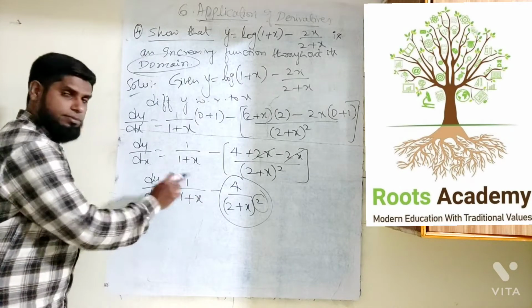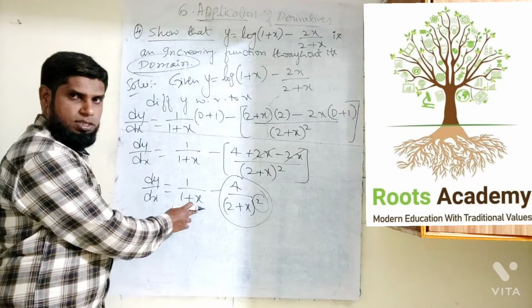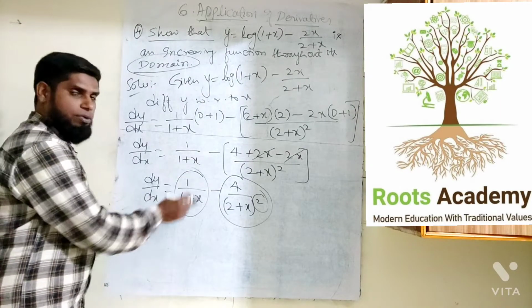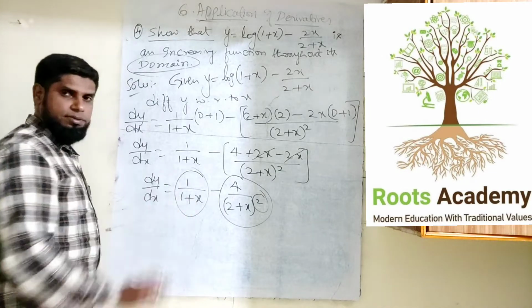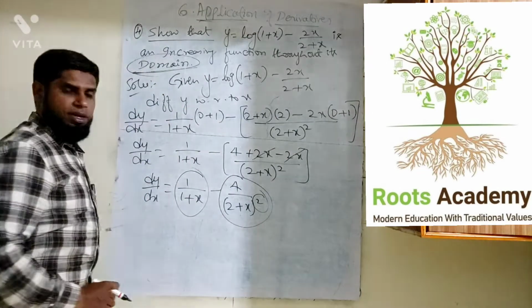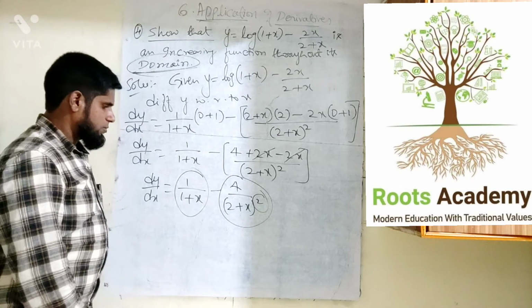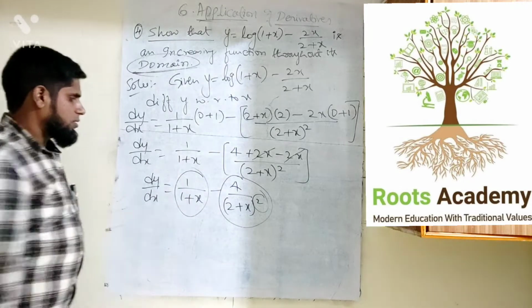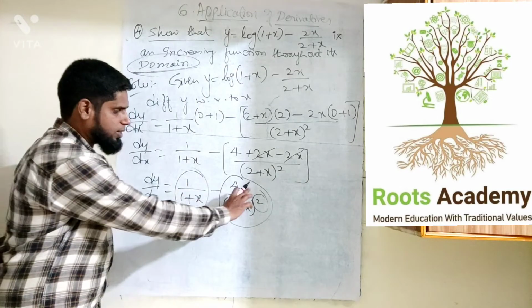And here, if I put any value to this, its answer is a positive value. If I put even 0 also, it is 1 by 1, which is 1. Throughout its domain, if I give any value to this, I will always get a positive quantity, and this value will be greater than this value.